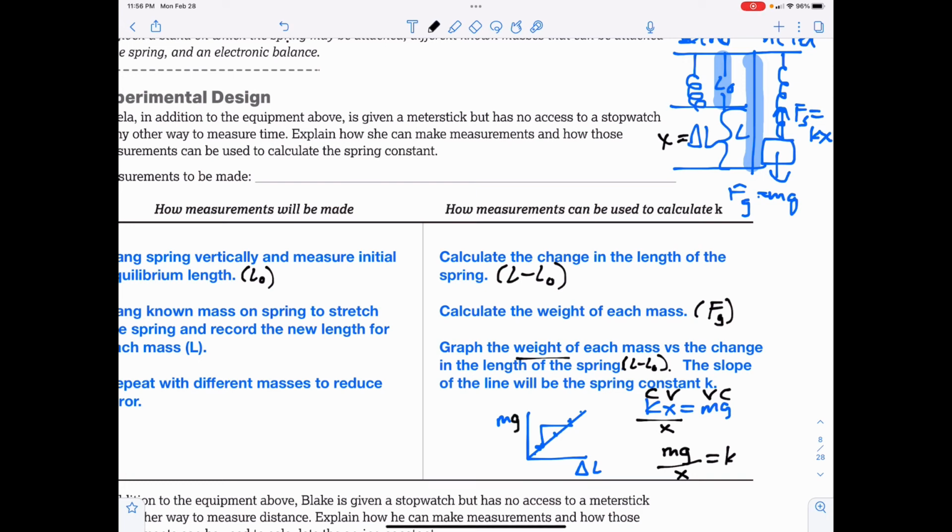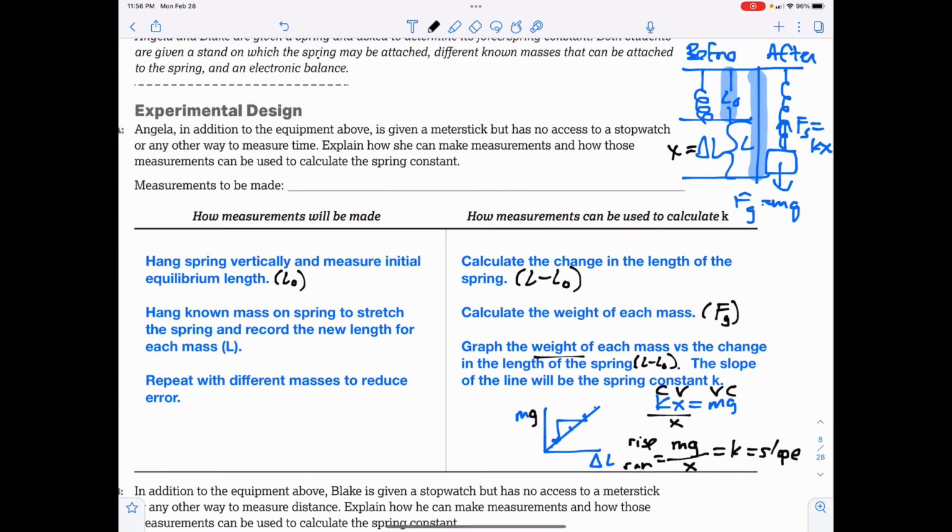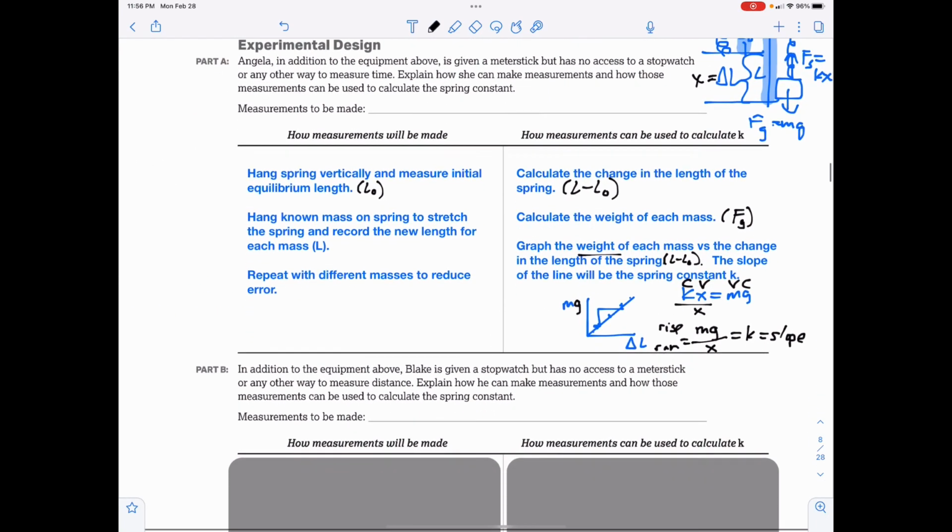That's your rise over your run, and that's going to be mg over x, which is k. And since rise over run is slope, that means k, the spring constant, is your slope.